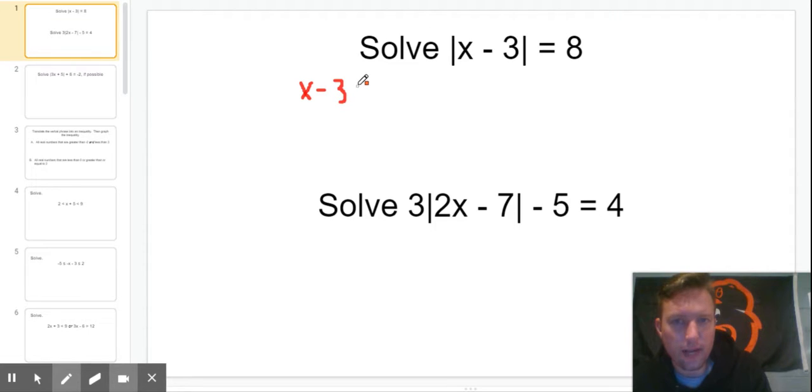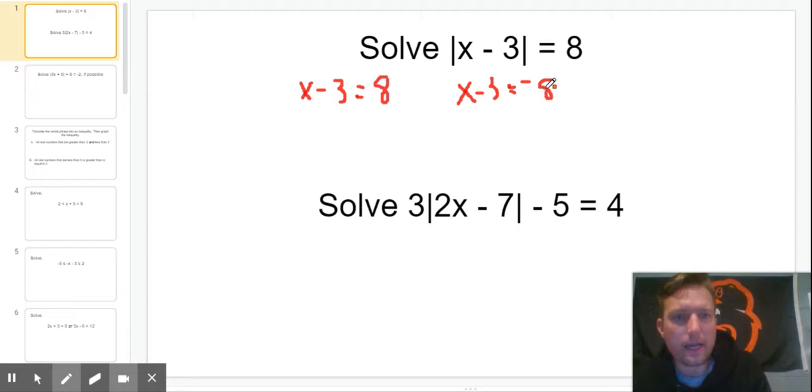x minus 3 equals 8. And because we're talking about the absolute value here, it would also be x minus 3 equals negative 8.